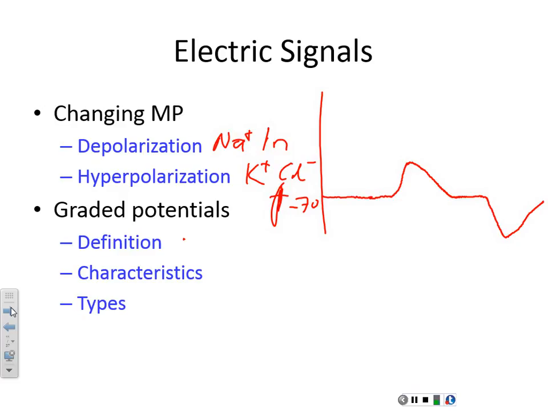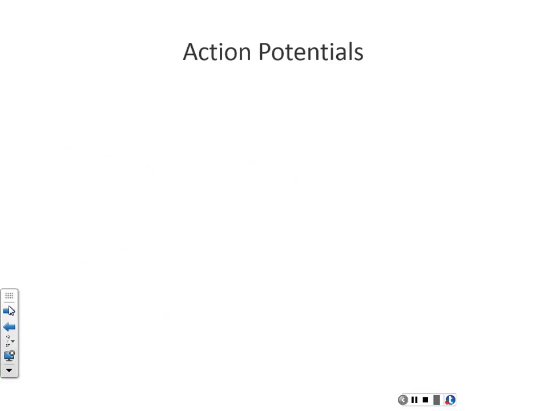So these are sub-threshold by definition, and by characteristics, they are conducted in a decremental fashion. They go down, okay? And they can either depolarize or hyperpolarize the membrane. So those are the types. And it's graded: one of the characteristics is that the strength of the stimulus is directly proportional to the size of the graded potential. Okay, all right, very good.